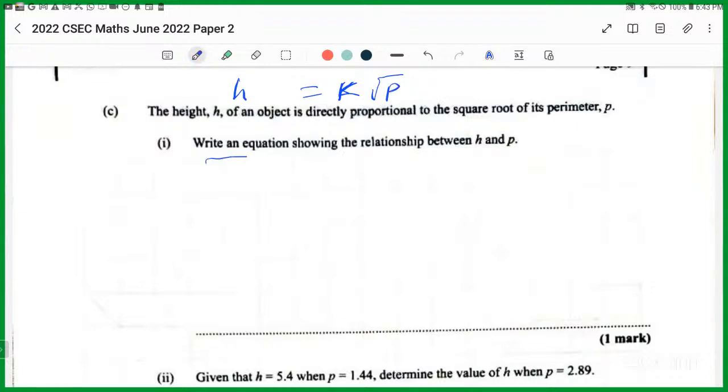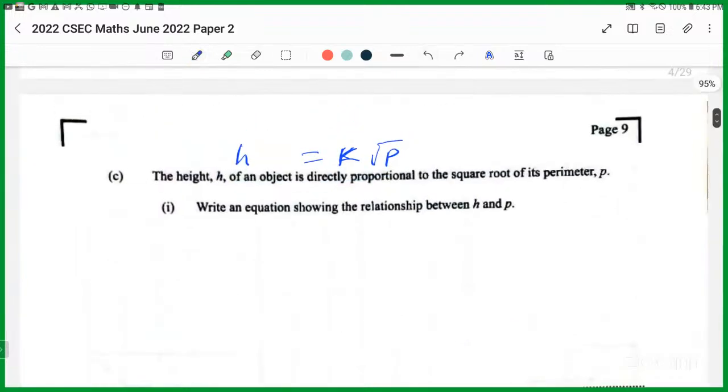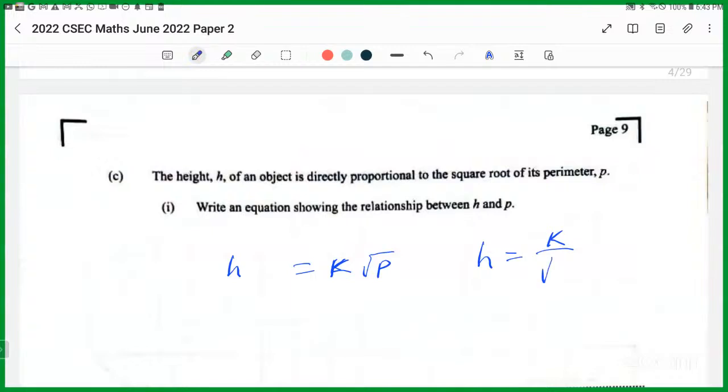It says write an equation showing this relationship. This is right here. Simple as that. If it was inverse variation, it would be that h equals k over the square root of p. But it says direct. Direct is k times. Inverse is k over. That's it. So this is the equation that I want.